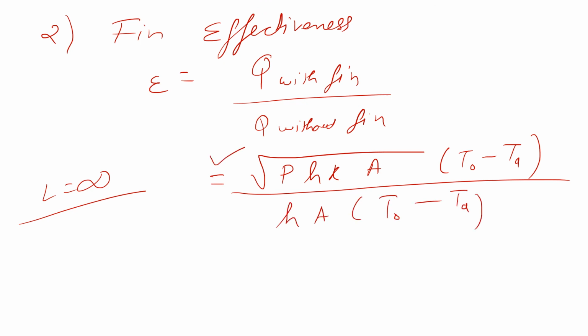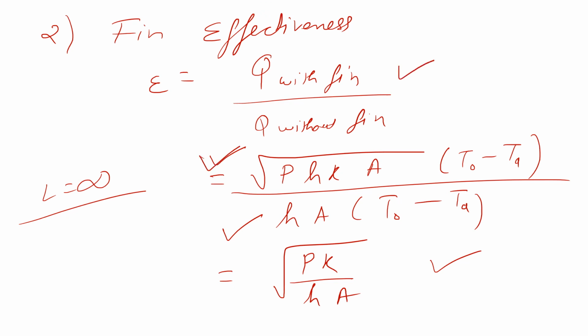This is the value when there is a fin and this is the value when the fin is absent. By solving this we get the effectiveness for infinitely long fins. Similarly, we can find effectiveness for a fin with insulated tip by only changing this Q with fin.